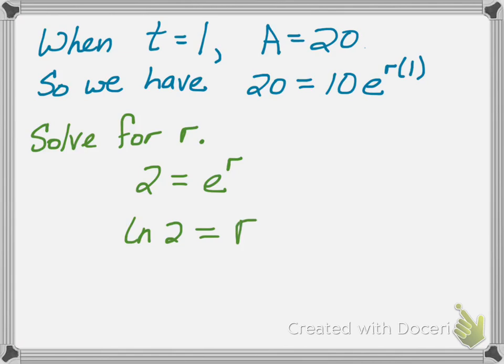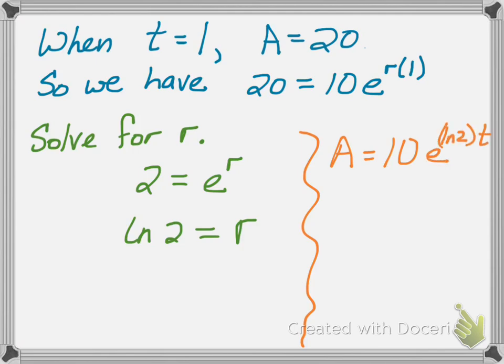And therefore, r equals the natural log of 2, because we undo the exponential function with the logarithm function. Therefore, we have A equals 10 times e to the natural log of 2 times t, and using our logarithm properties and exponential properties, we could also write that as A equals 10 times 2 to the t power.